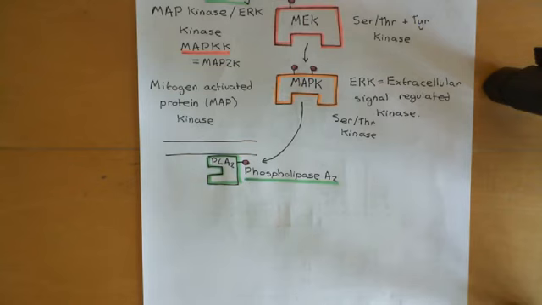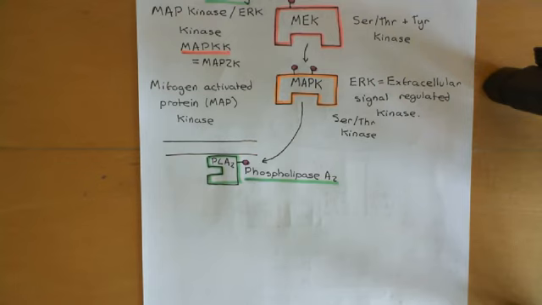Okay, now, when we were discussing PIP2, I said that PIP2 was quite a rare component of the phospholipid bilayer. It was a normal component of the phospholipid bilayer, but it was a rare phospholipid in the bilayer.